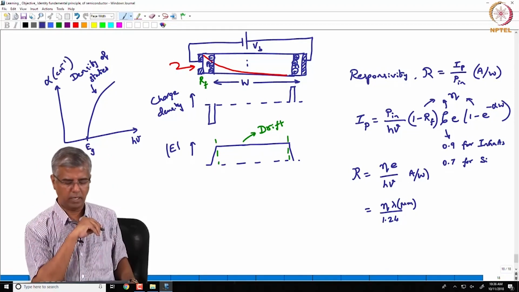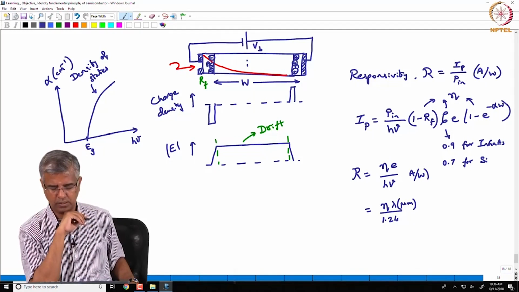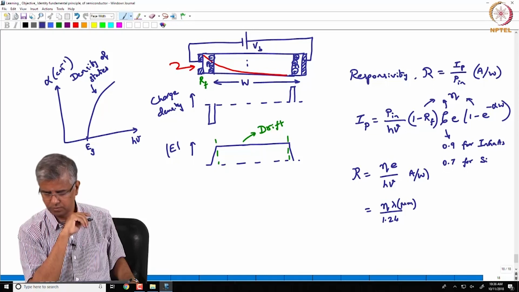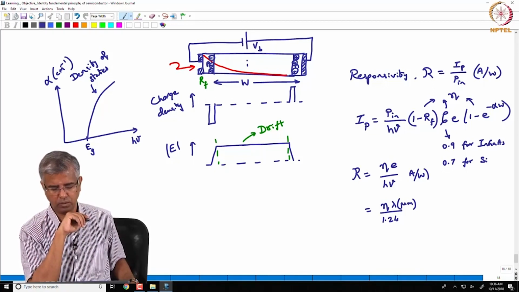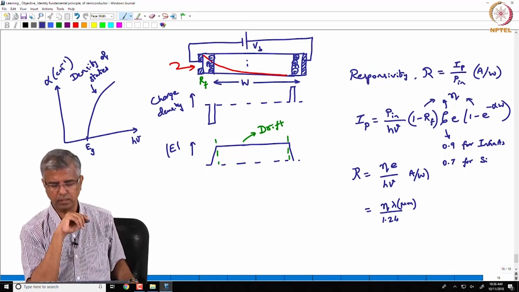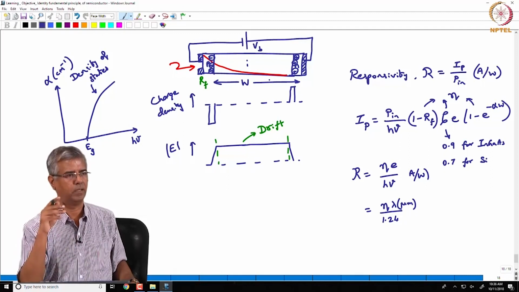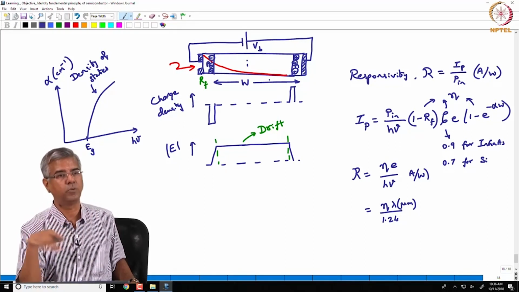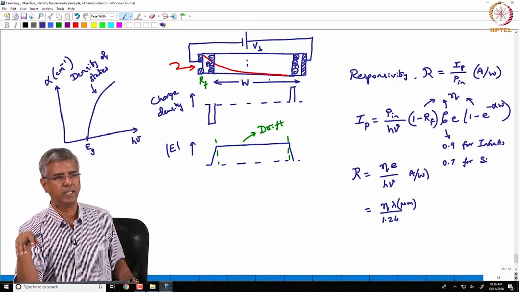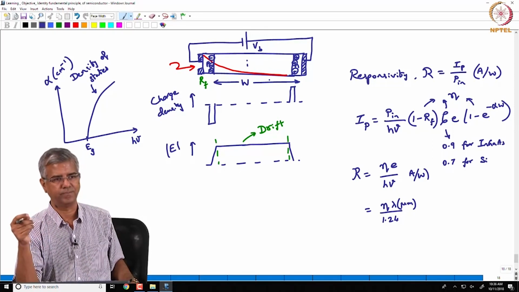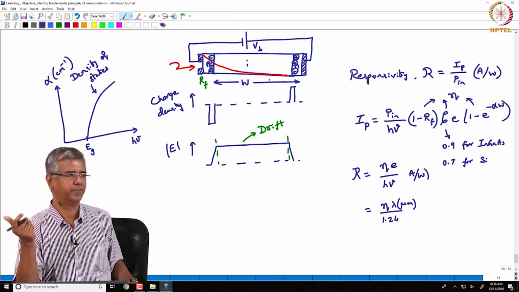Alpha is typically expressed in terms of inverse centimeter. What it tells you is that this profile that I have drawn over here, the rate at which the power is absorbed within the material, is actually for a particular wavelength or particular frequency.